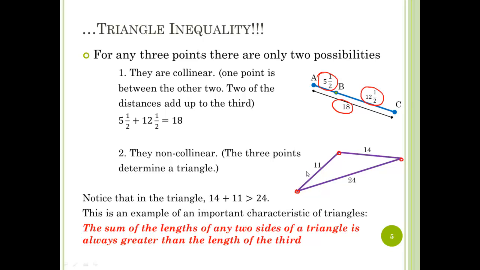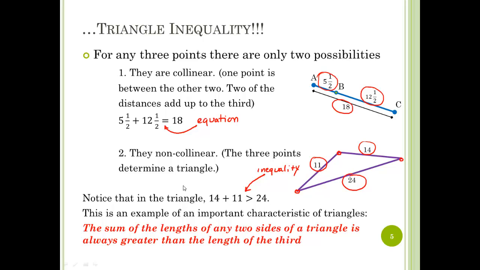Okay? Now up here, notice we have an equation. Okay, an equation, you've got the equal sign. This is an inequality. And if you remember from algebra, this means that 14 plus 11, so this side plus this side is greater than this side.